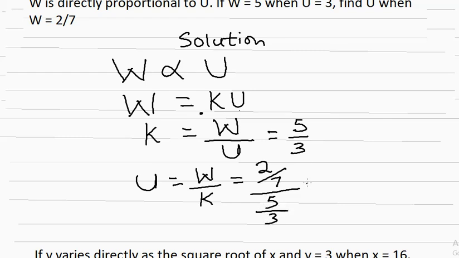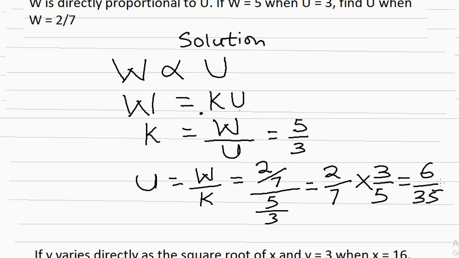In fractions, we change this division sign to a multiplication sign, then invert the divisor. 3 will come up, then 5 will come down. 2 times 3 is 6, and 7 times 5 is 35. So that is the answer.